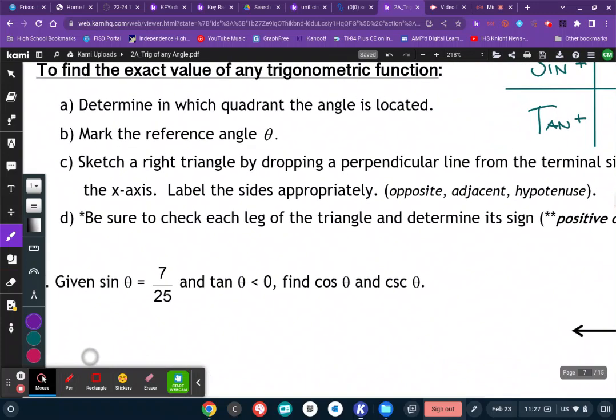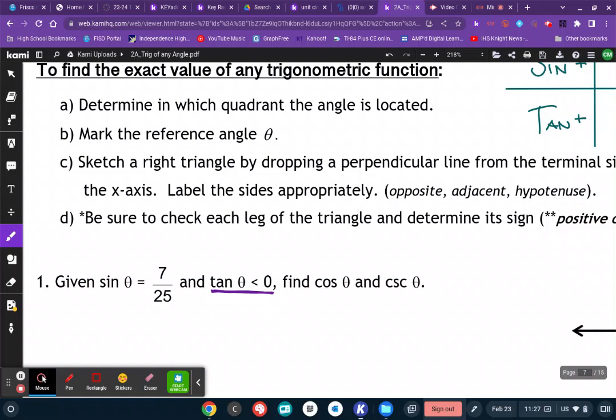How is that going to be helpful to me? We've seen this way of being given information before. If the tangent is less than 0, that's telling me what about the tangent? It's negative. Good. So this is telling me the tangent's going to be negative. They gave me the sine already, and I can see by looking at the value of sine that it is positive.